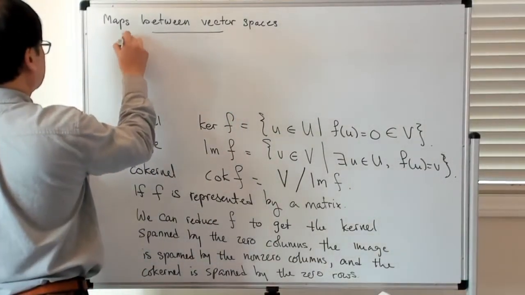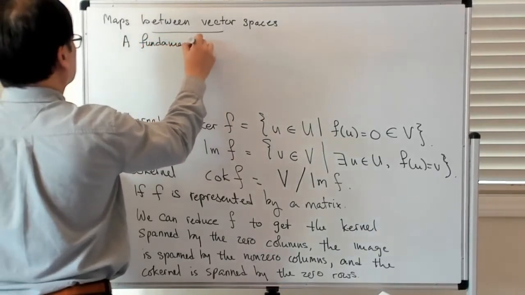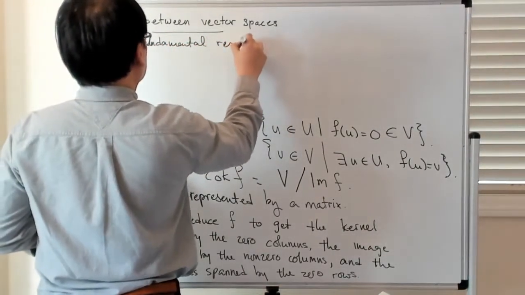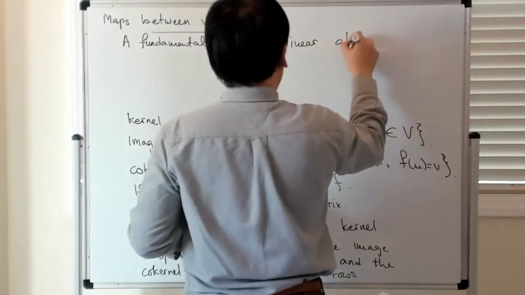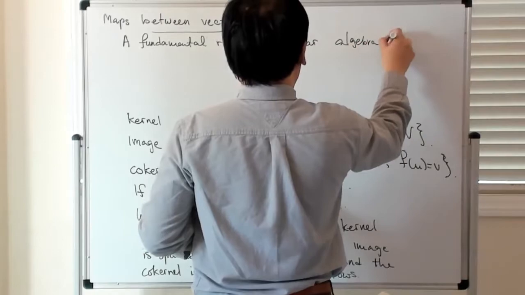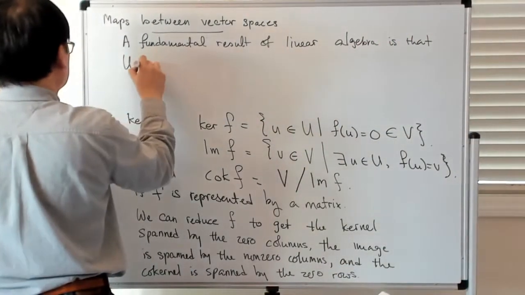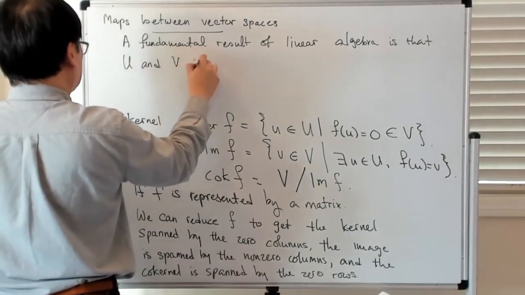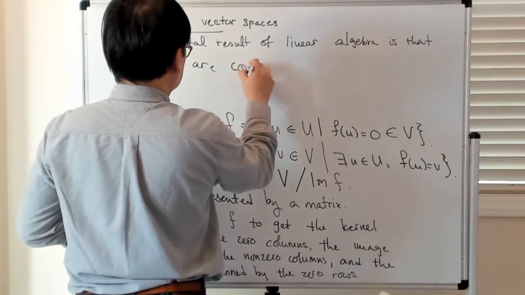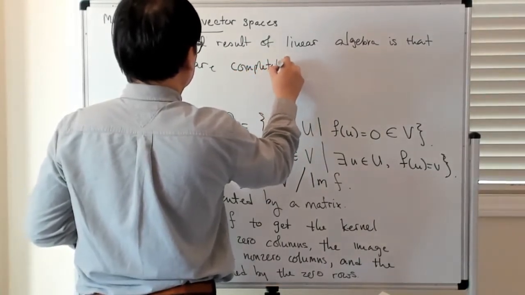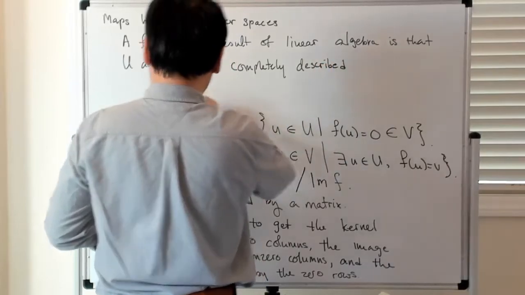A fundamental result of linear algebra is that U and V are completely described by these spaces.